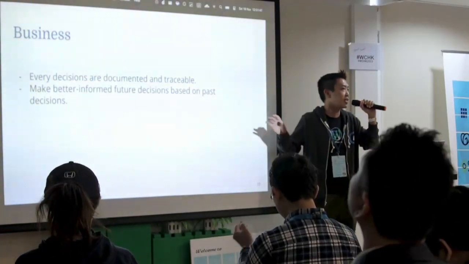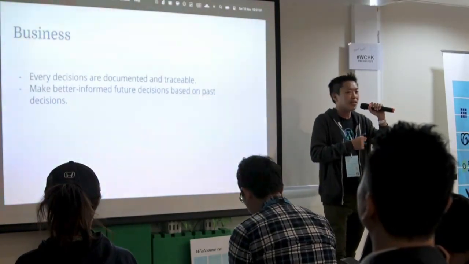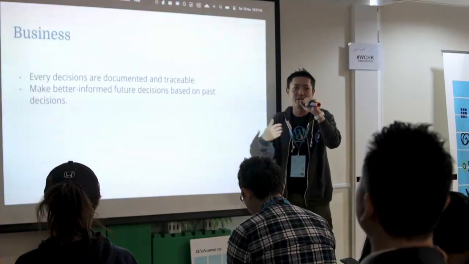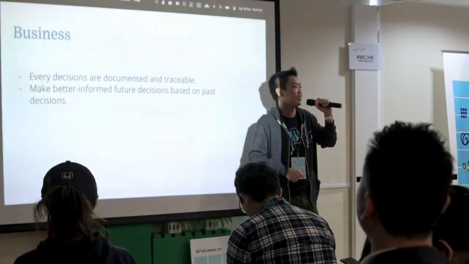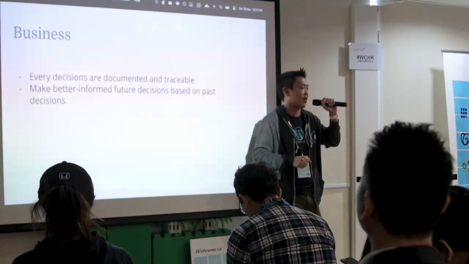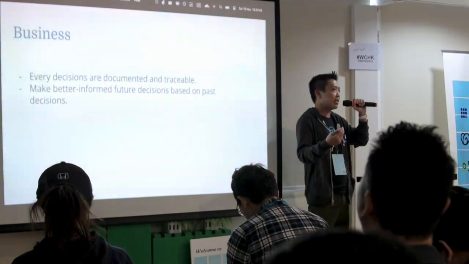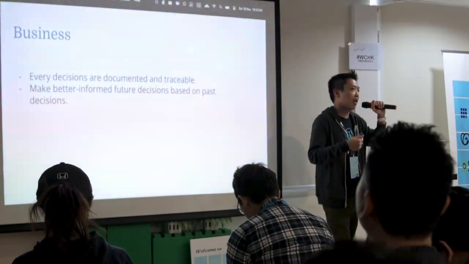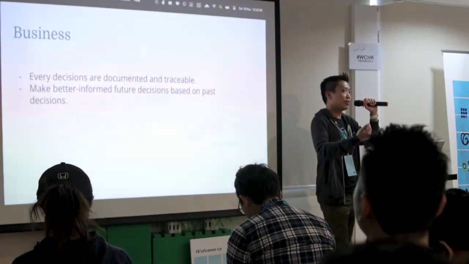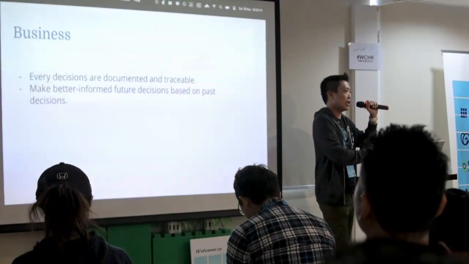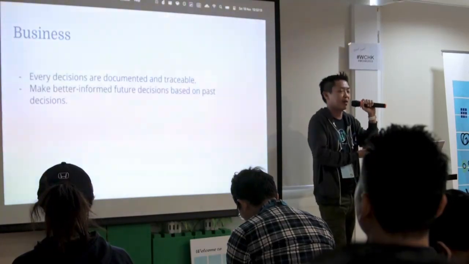And this is my personal experience also. I'm an engineer, right? So sometimes I look into a piece of code, like my plugin code, and I see that this code doesn't make sense. Why is it being done this way? But when I trace back into the code history, there's a link where I can trace back into why we made the decision many years ago, like in 2015, 2017.